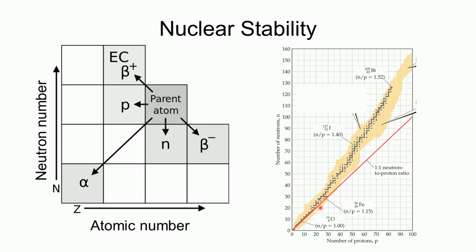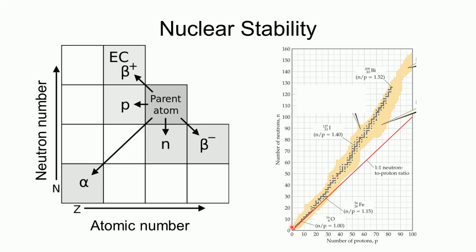Every one of these dots on this particular graph represents a known isotope. Some are radioactive and some are stable. The ones that are radioactive have a yellow color to them. They're a yellow dot. And the ones that are stable are the dark ones, the black dots. So those are the stable isotopes that are known.